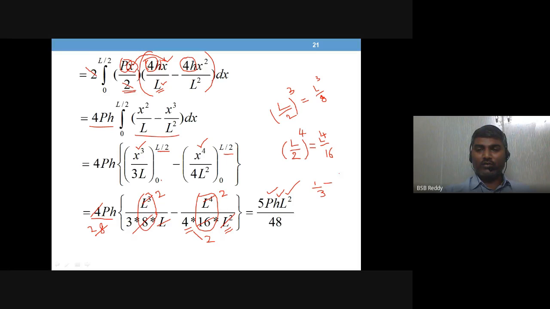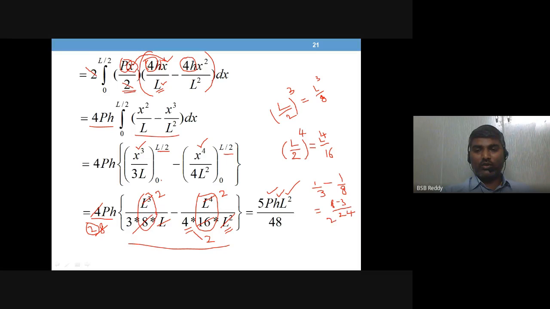So 4 into 2, 8 is remaining. So if you simplify this, 8 minus 3 by 24. So what you have? 8 minus 3 is 5. 5 by 24 is this value. Already you have 2 in the denominator. Don't forget that.